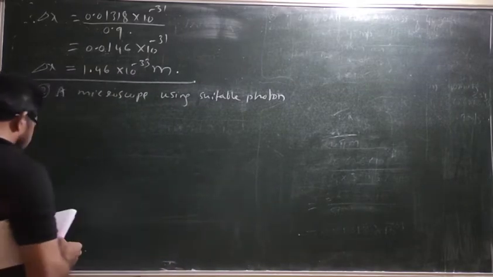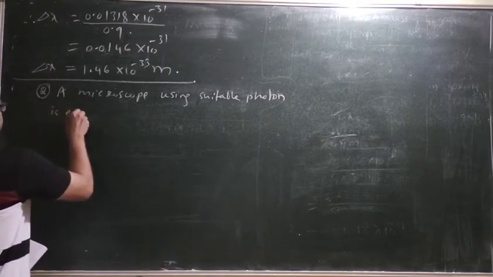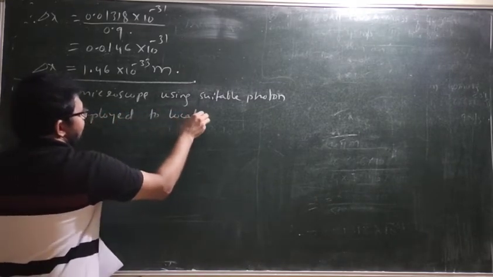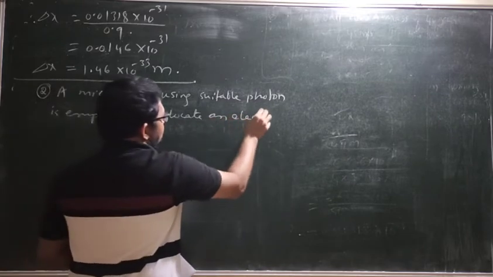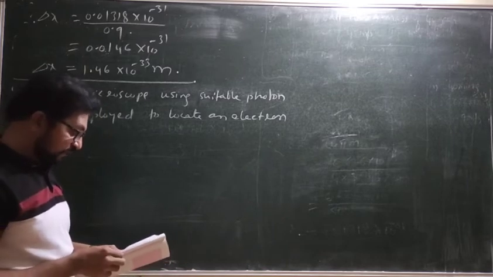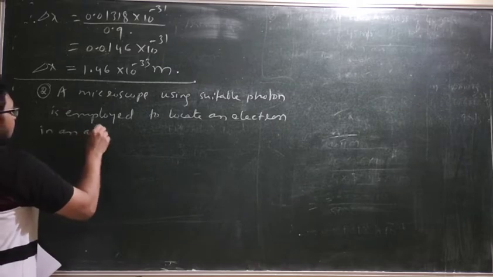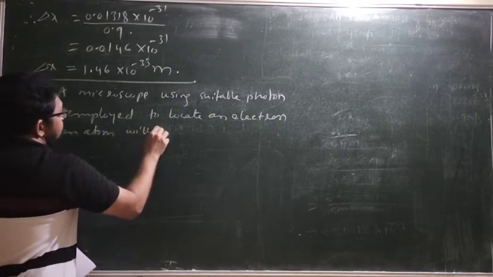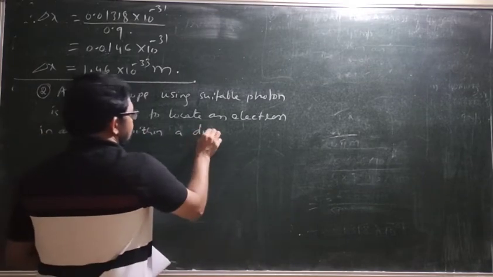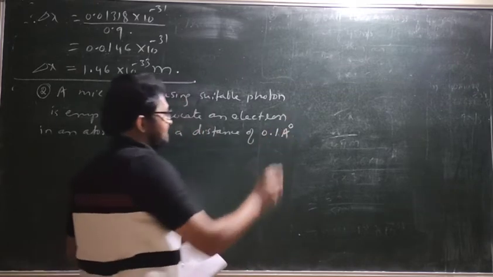Suitable photon is employed to locate an electron with respect to its position in an atom within a distance of 0.1 angstrom.